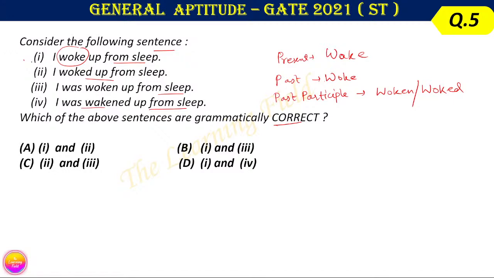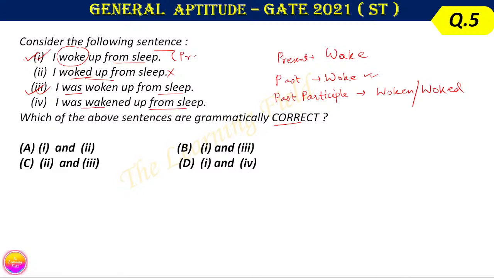If we see sentence 1, it says I woke up from sleep. I woke up, that means this is clearly past tense, so this is the correct statement. Next, no, this is not the correct option, because this is the third form of the verb, and when we use the third form, then we also use a be verb like was or were in the sentence.